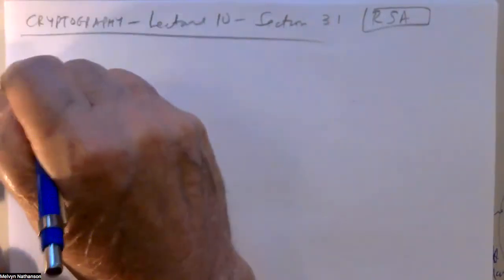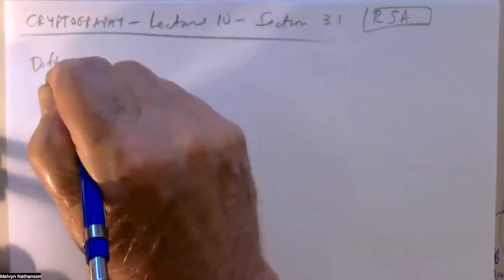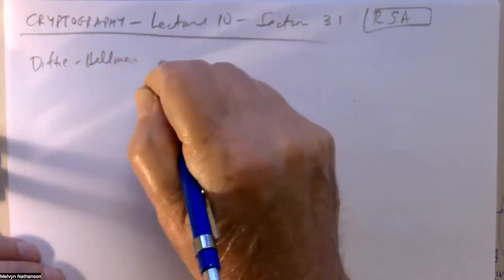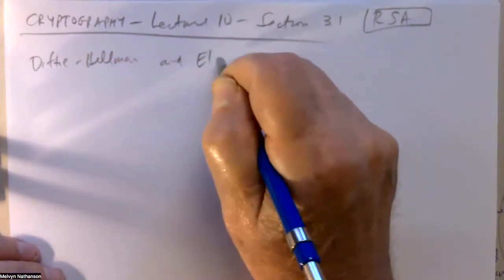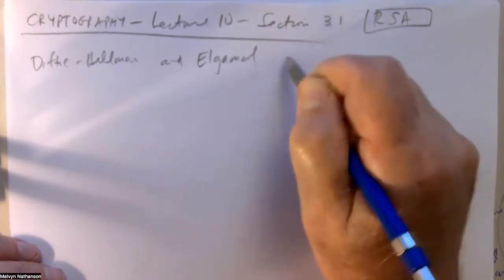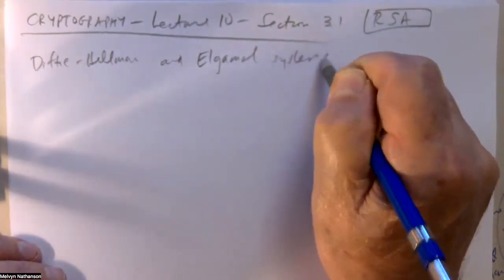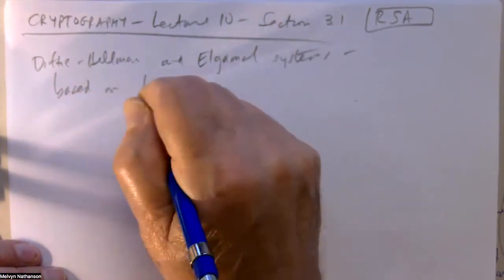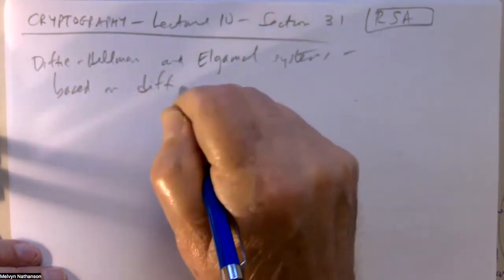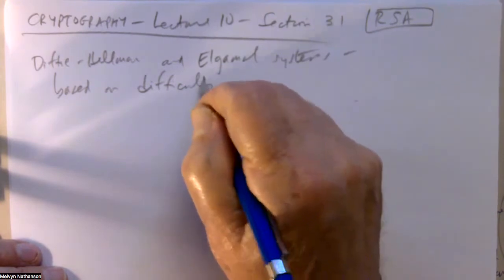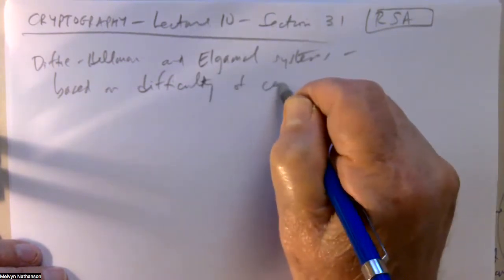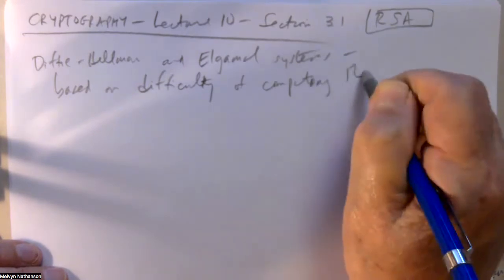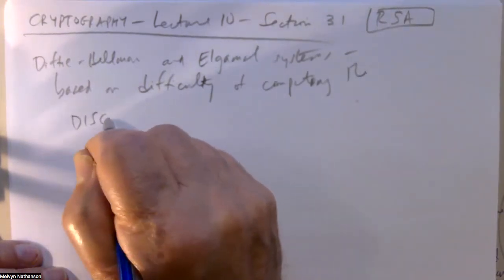You recall the Diffie-Hellman and the El-Gamal systems were based on the difficulty of computing the discrete logarithm.